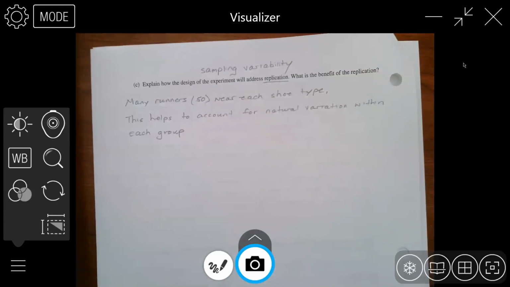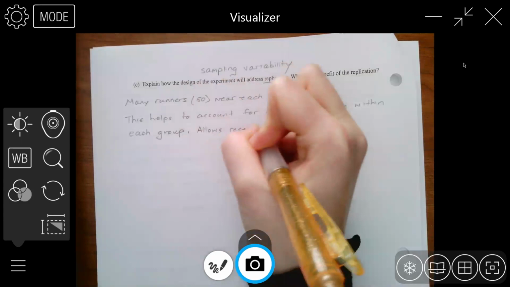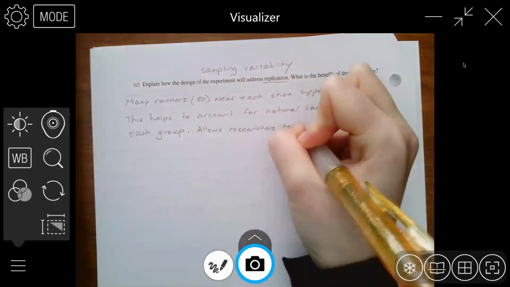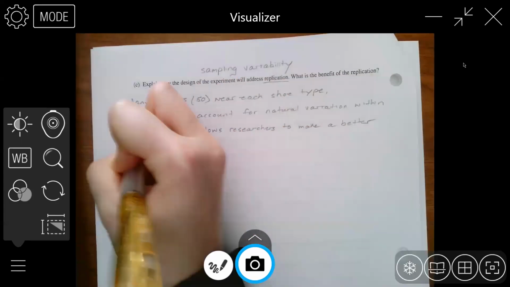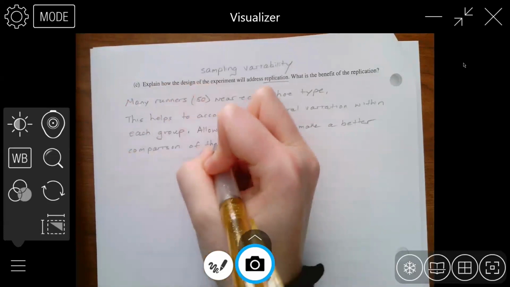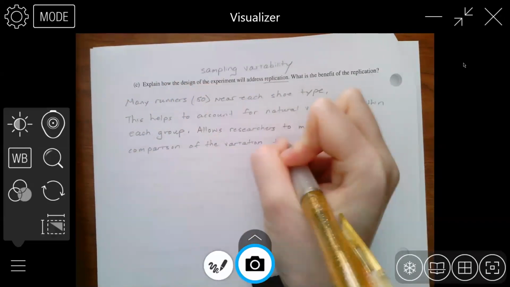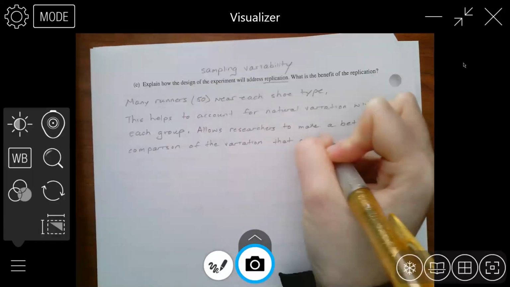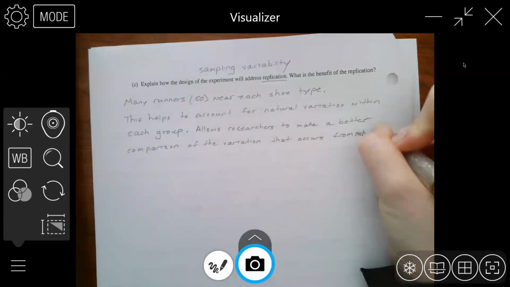And why is this important? Because you always want to go back to what question does this help the researchers to answer? So this allows researchers to make a better comparison of the variation that occurs from each shoe type.